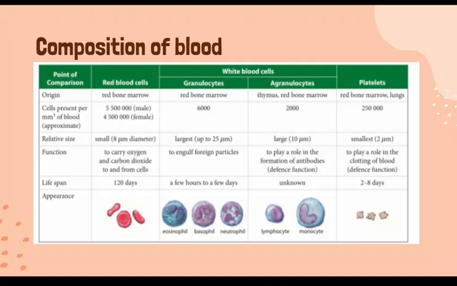The typical lifespan of a red blood cell is around 120 days. I want you to remember something. When we talk about red blood cells, they contain hemoglobin, which is one of the components that makes up red blood cells.